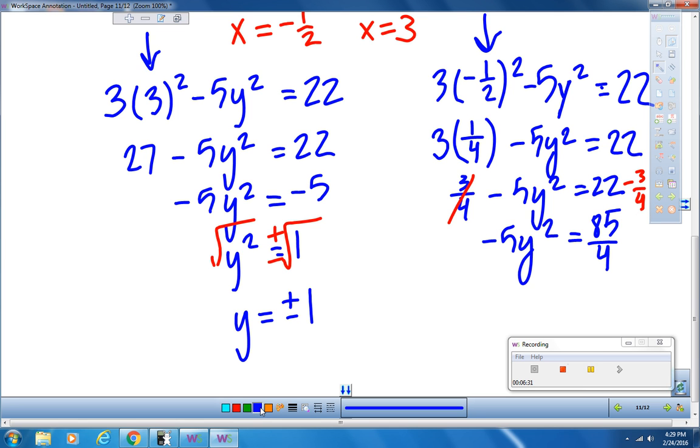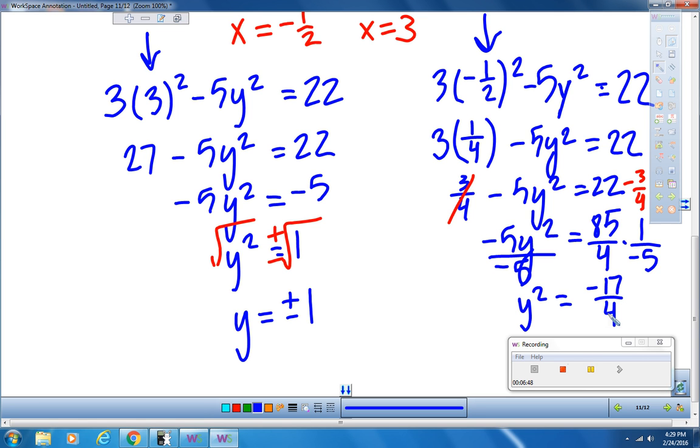Then I can divide both sides by negative 5, or multiply by 1 over negative 5. This leaves me with y squared equals, simplified, negative 17 over 4.